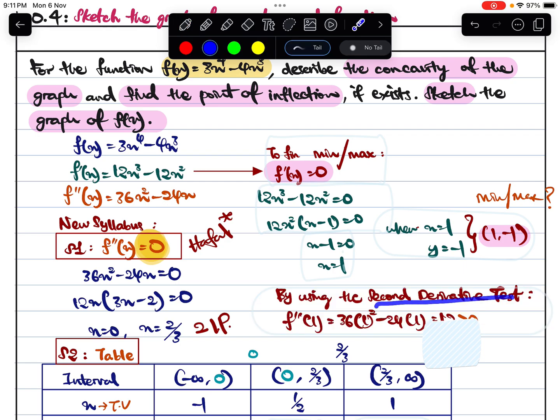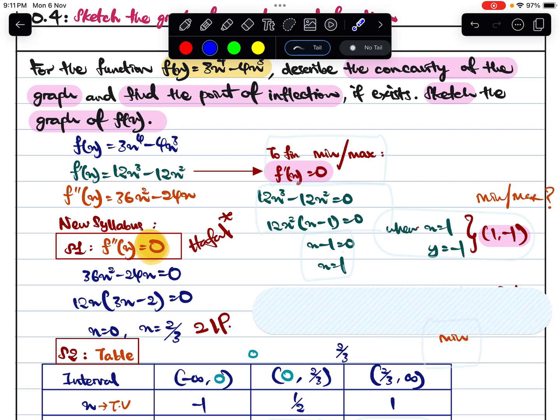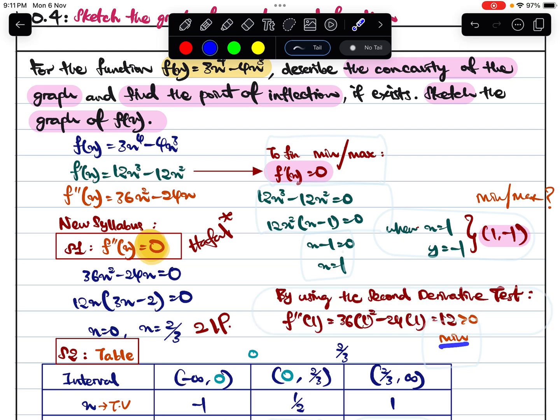By using the second derivative test, sub in this value into the second derivative function, and there you go, you will get a positive sign, and this positive sign means it is a minimum point, right? You have learned this before in using the second derivative test, so I don't need to explain further. So now we already know that this is a minimum point.